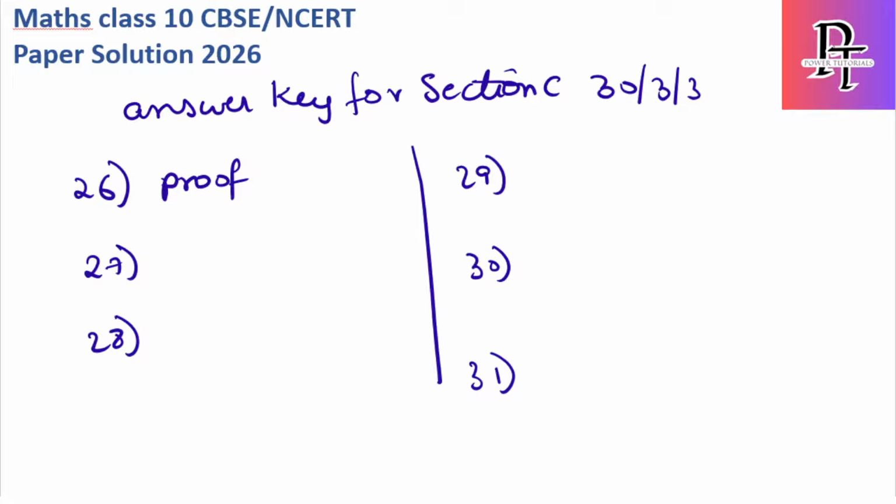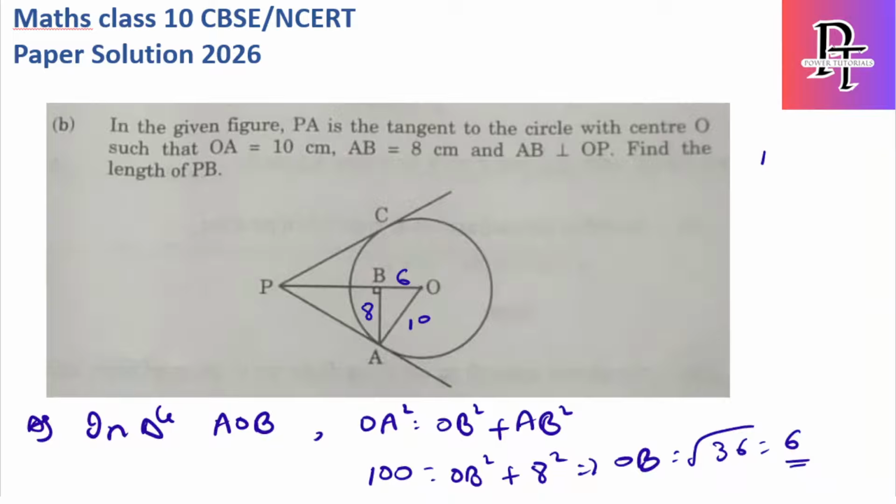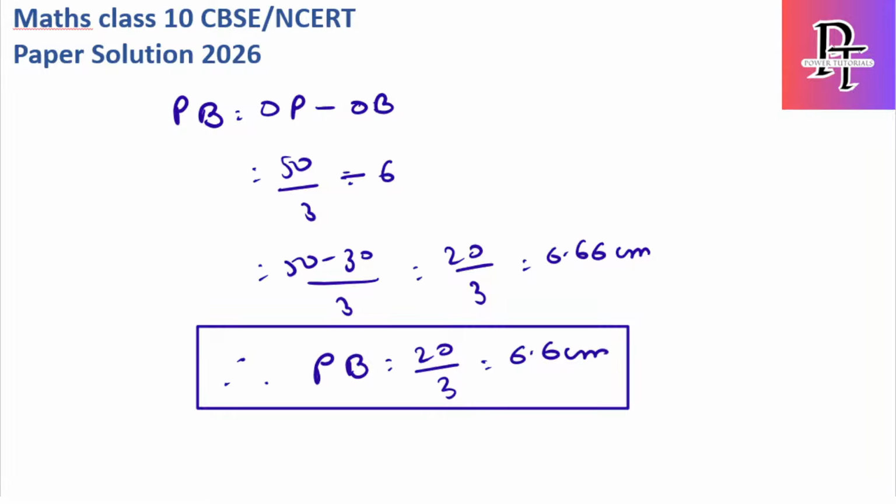27th, also A part is proof, whereas B part the answer is 6.66.